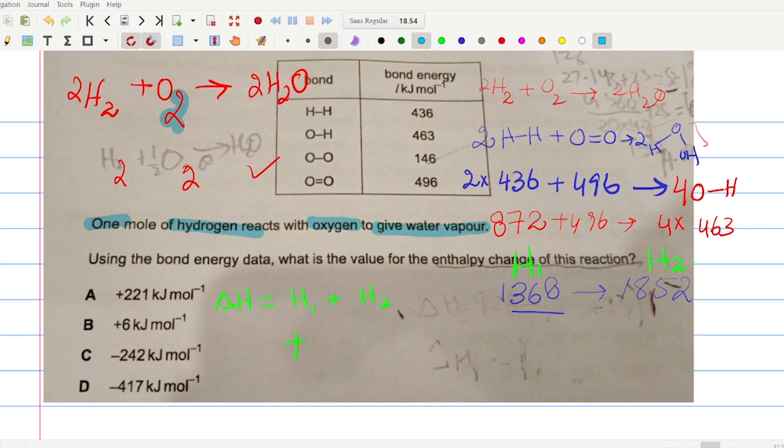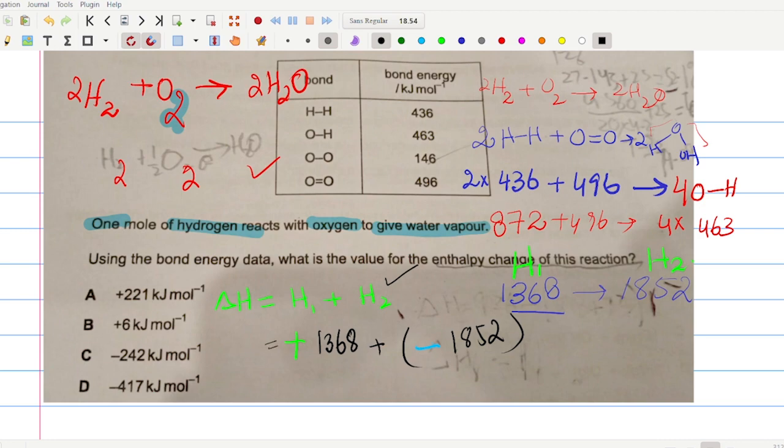Whereas for the products, where bonds are formed, the sign will be minus. So I'm going to write the value of ΔH1, that is plus 1368, plus minus the value 1852 for ΔH2, the products, when bonds are formed and energy is released. When energy is released, the sign for the exothermic reaction is minus.